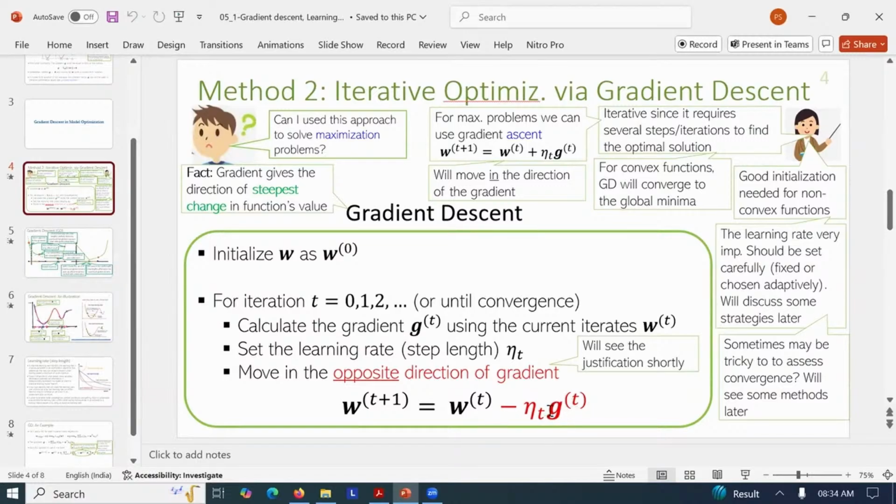If you calculate GT by using all thousand examples, then GT will be accurate. If you calculate GT using just a single example, GT will be noisy.